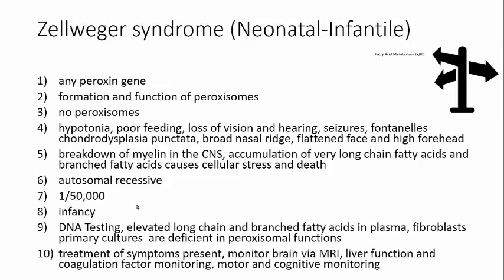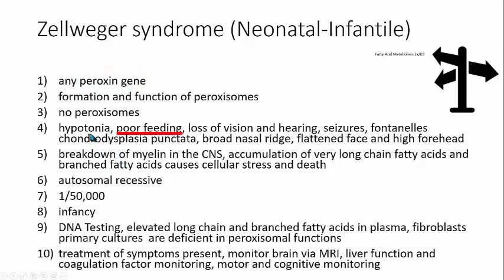These peroxisome disorders all turned out to have very similar characteristics, and primarily they are diagnosed by the age of onset. So the earliest age of onset is, and has always been known as, Zellweger syndrome. It is a disease that is the loss of any of the peroxisome genes.